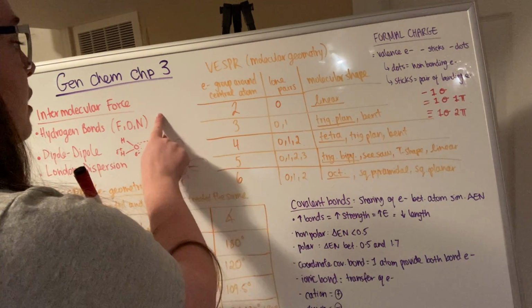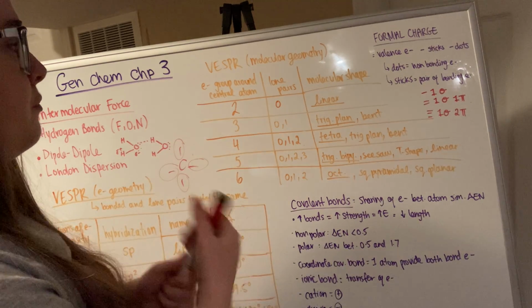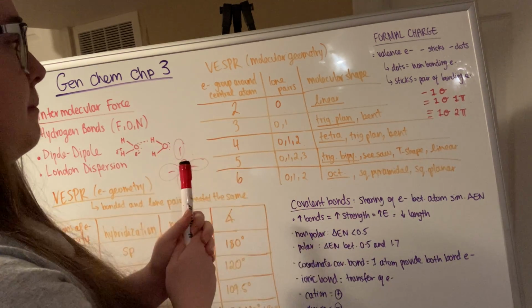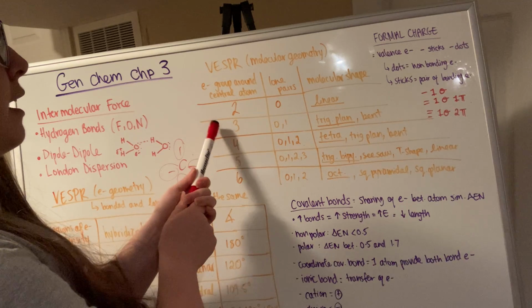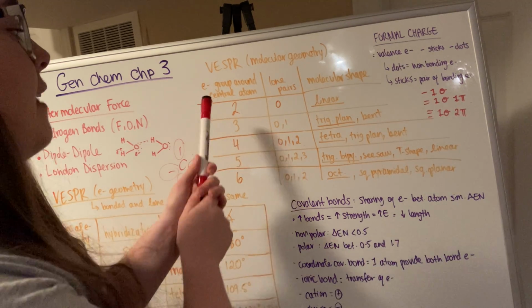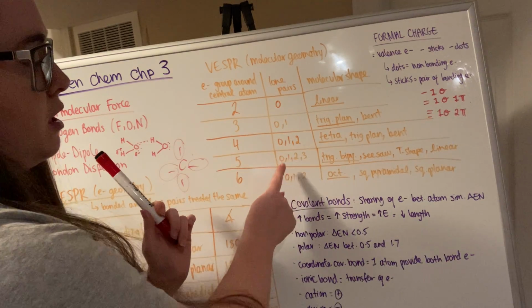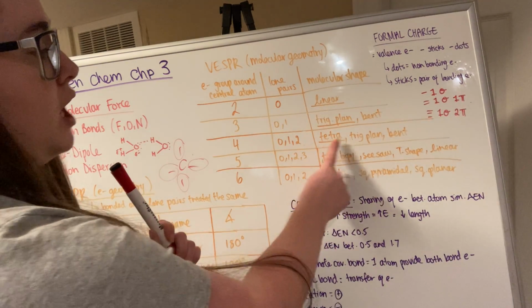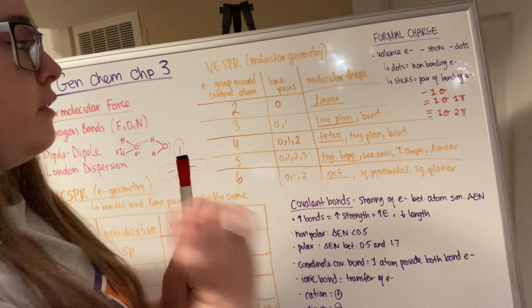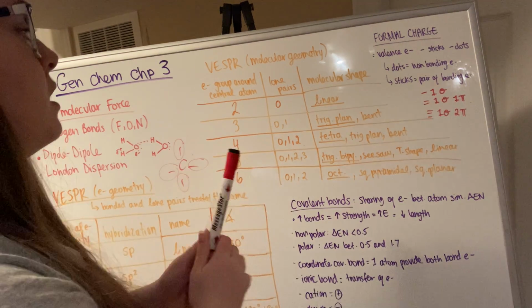That would be very simple. But if you have 3 regions, the number of lone pairs actually changes the name of the shape. That's the difference.